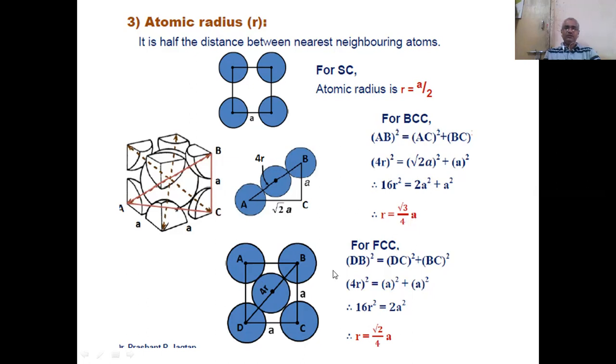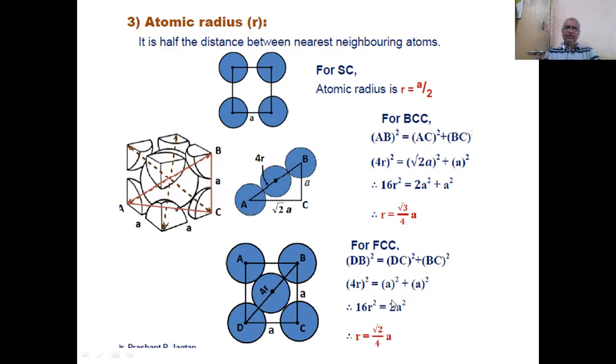For FCC, this is the cross-sectional view of the face centered cubic. This is the face atom, and these are the corner atoms. The total distance DB is equal to 4R, because this distance is R, this distance is 2R, and this is R. So DB square is equal to DC square plus BC square.